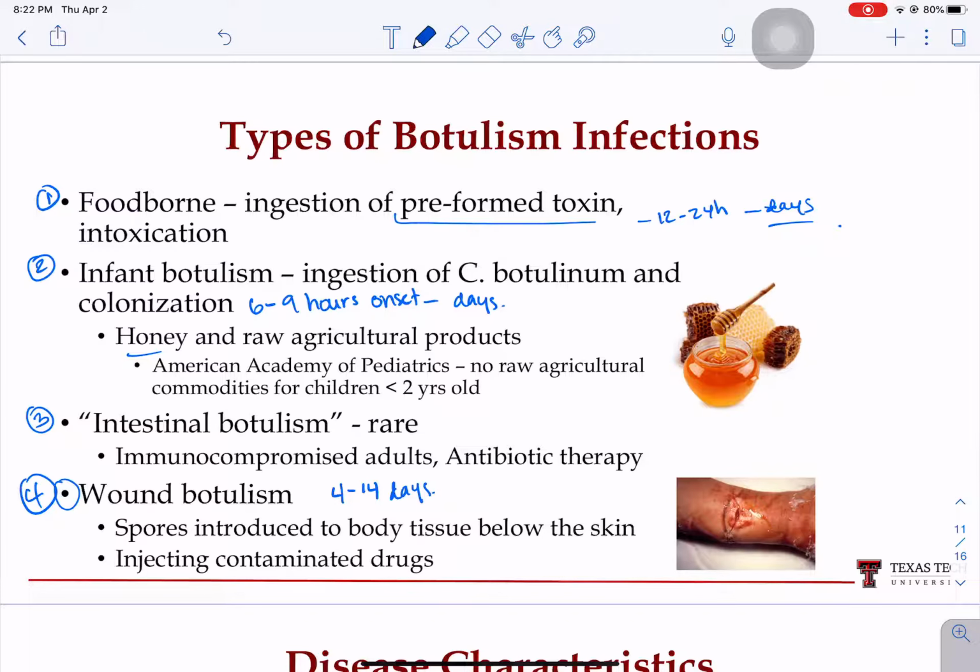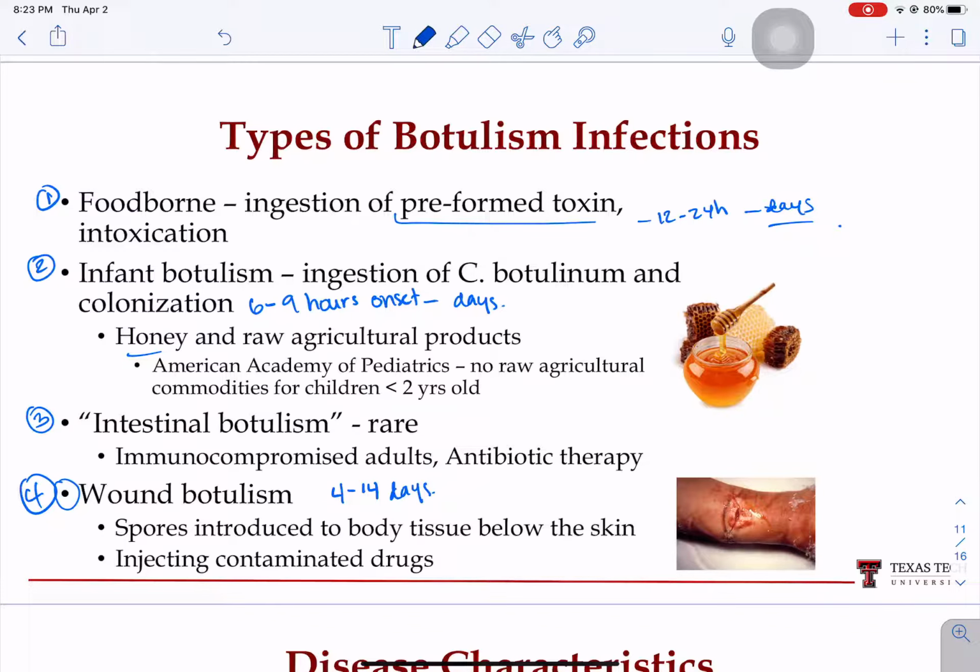For infant botulism, usually there is a production of this toxin in the GI tract of the infants. So the babies consume the microorganism or the toxin, or both, and the microorganism is going to colonize the large intestine, and during that colonization process it is going to keep producing toxin, and that's what makes it different from foodborne botulism.